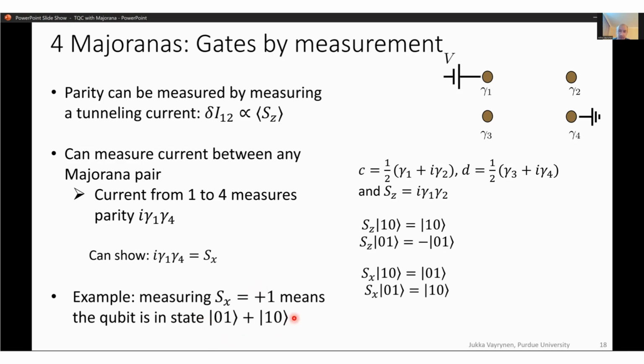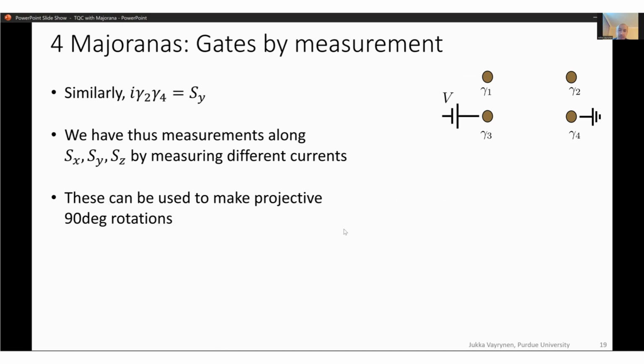So I can think of this measurement not just as a boring measurement, but as an initialization of this superposition state in the sigma Z basis. So this is a way to create the superposition of these sigma Z eigenstates, which is nice. And as I mentioned, sigma Y will be the gamma 2 gamma 4 operator.